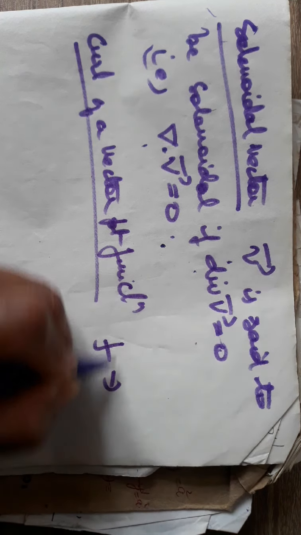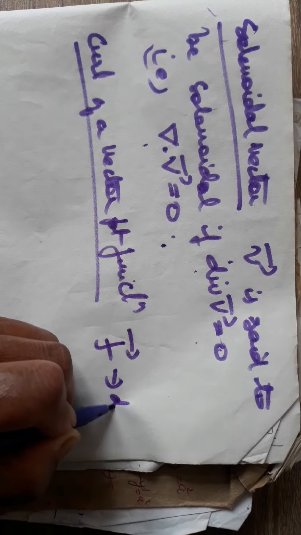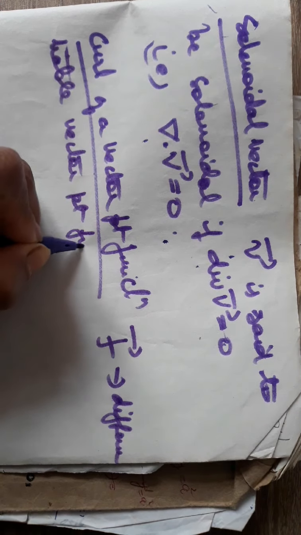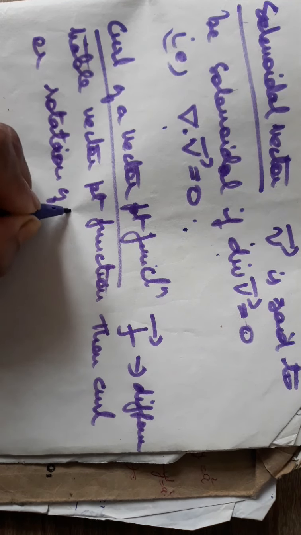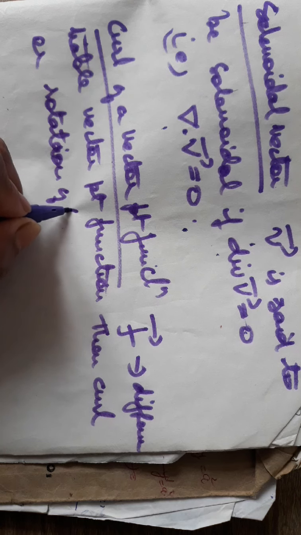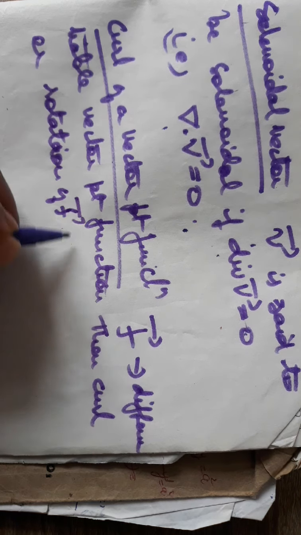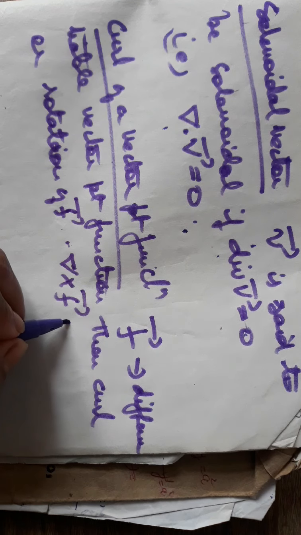Let f bar be a differentiable vector point function. Then curl, or in some textbooks they call it rotation, of f bar, written as del cross f bar, is the cross product.